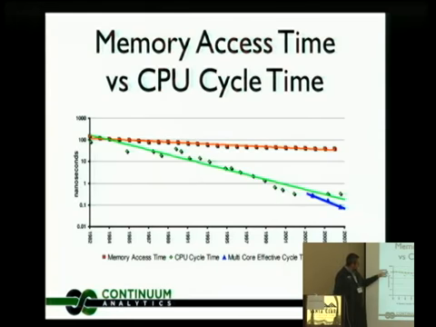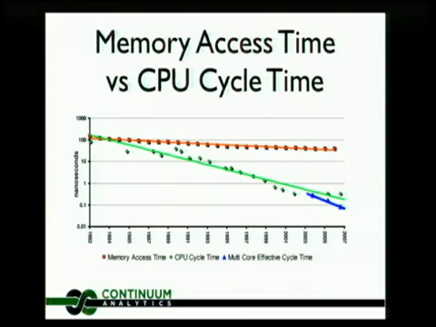Well, this is a graph where we can see the time that it takes to transmit an element from memory to the CPU, and we can see here the evolution of the speed of memory in time, starting from 1982 to 2007.